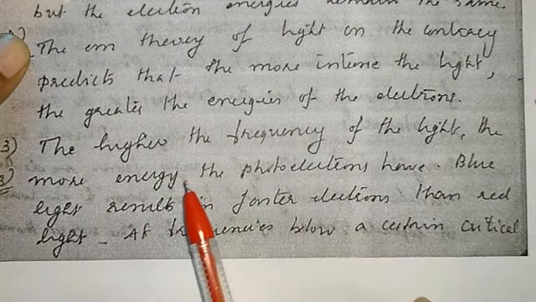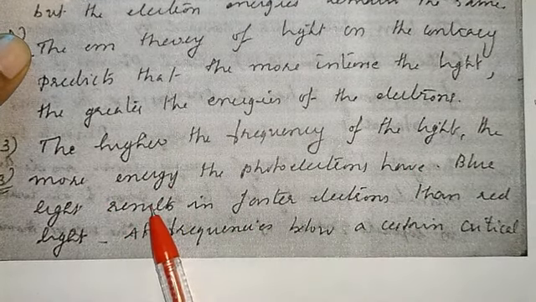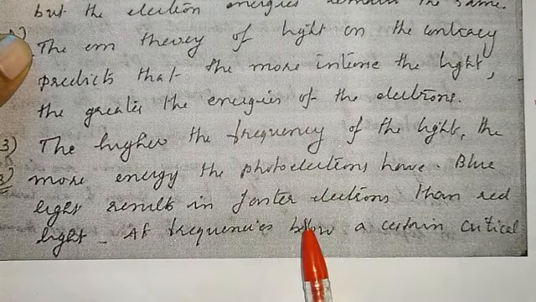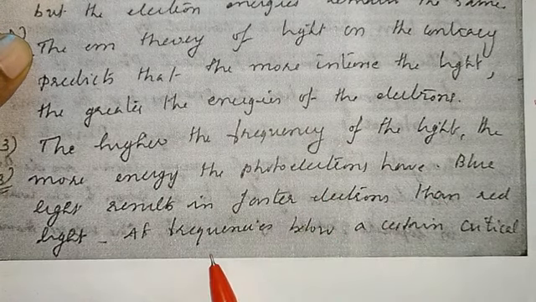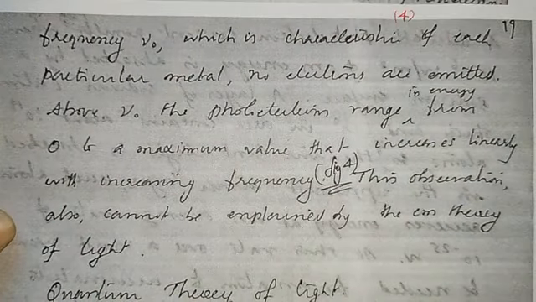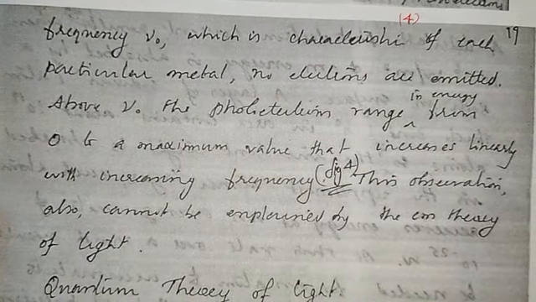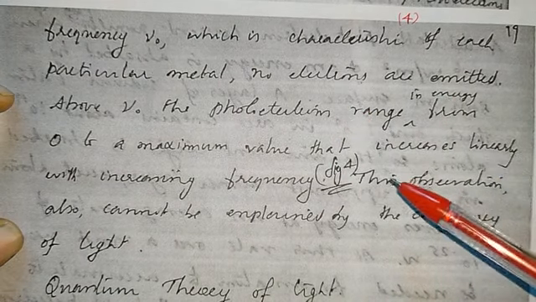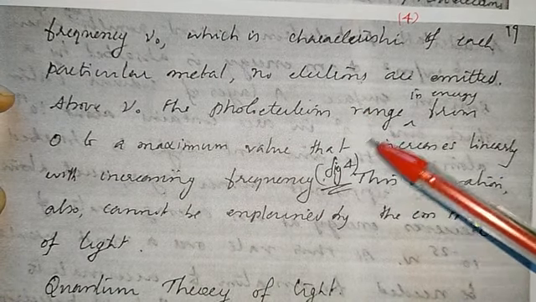And the third point is, the higher the frequency of the light, the more energy the photoelectrons have. Blue light results in faster electrons than red light. At frequencies below a certain critical frequency ν0, which is characteristic of each particular metal, no electrons are emitted.